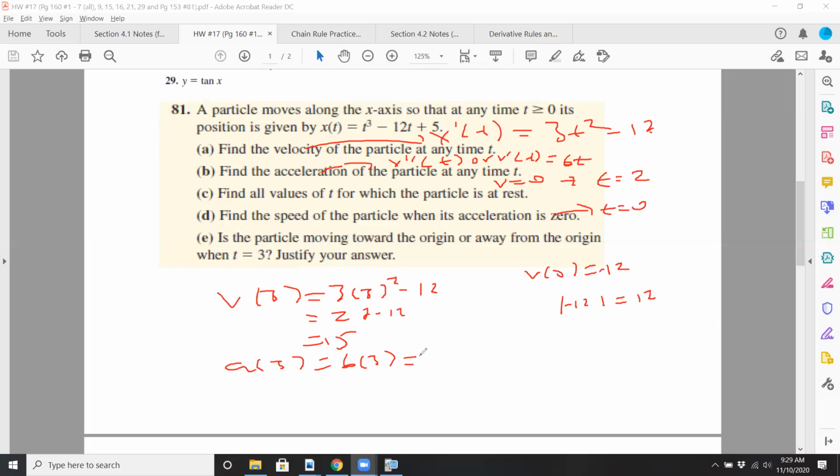Actually, you don't need to know the acceleration because we're not being asked about speeding up or slowing down. All you need to know is velocity. The velocity is positive, so it means you're going away. Because the particle moves along the x-axis at this time. So what we expect the positive velocity to be going away from your original position. So it's a positive value. So you're going away from the origin.